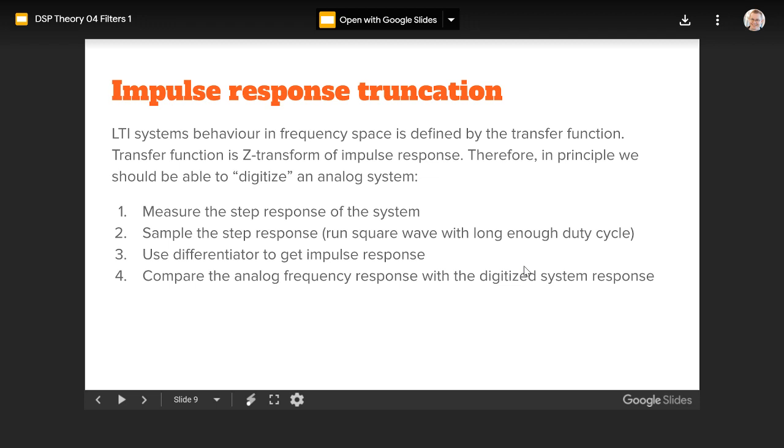This is a linear system, so the delta response, which is our impulse response, is simply S of n minus S of n minus 1, times that one, of course. So measure the step response, sample it, use a differentiator to get the impulse response, and compare the analog frequency response with the digitized system response.